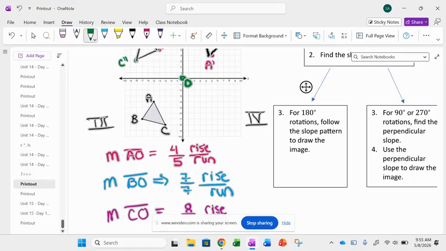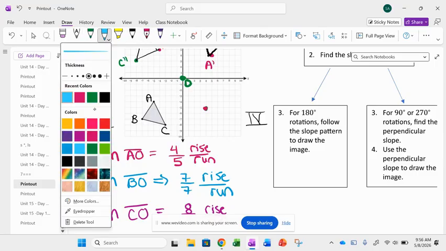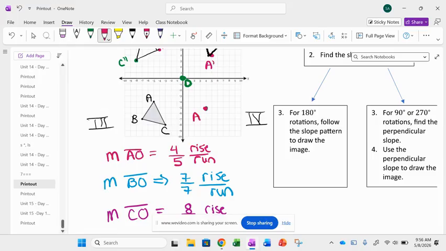But now in order to get to quadrant 4, I'm not going to go up 5, left 4. I'm going to go down 5 to the right 4. So one of them is still negative. And there is my A triple prime at this point because we've already done 1 and 2.